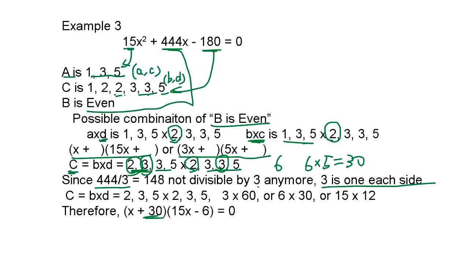So we got the information on this side, not much on the header number, but this has to be 30 and 6, so this will work out well. Dividing by 3 gives information that 3 has to be on both sides. So utilize any kind of information to determine how we group capital A and capital C into a, c, and b, d. Those are the tips for doing this kind of factorization.